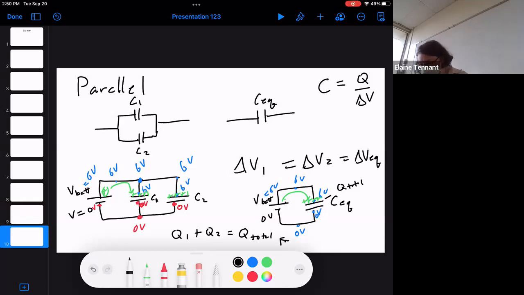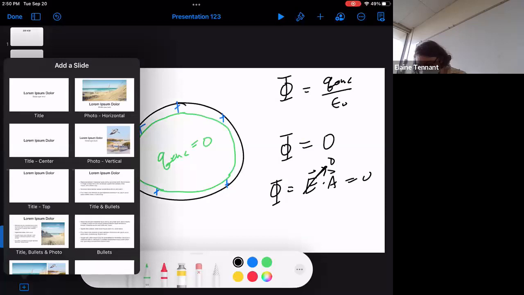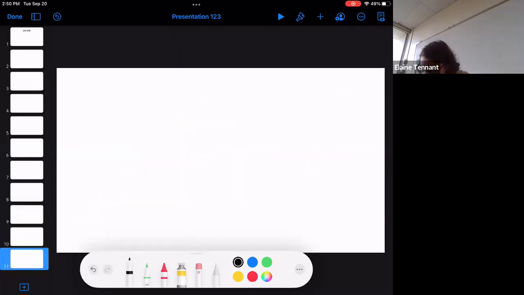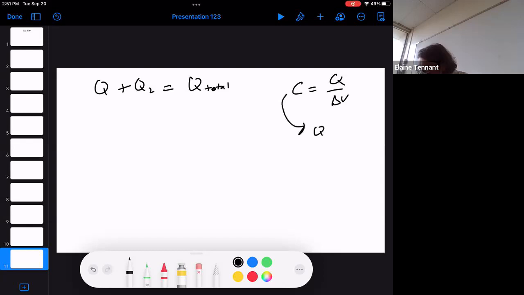Let's talk about this guy right here. Okay, where I said Q1 plus Q2 equals Q total. I also have the equation C equals Q over delta V. I can rearrange this as Q equals C times delta V. And in that way, I can take this Q1 plus Q2 equation and start putting in capacitances, because that's what I want to begin with, right?